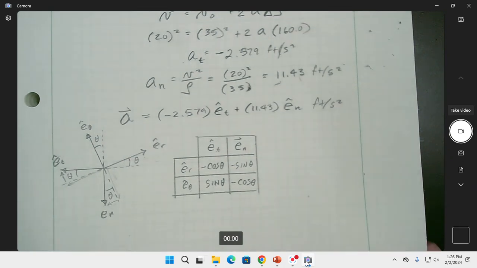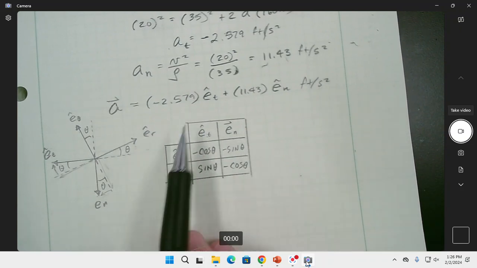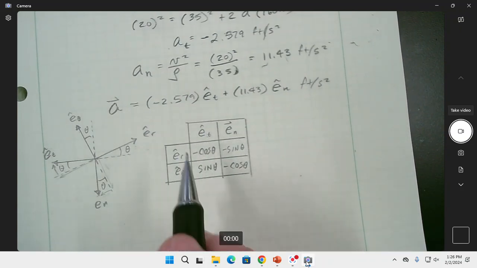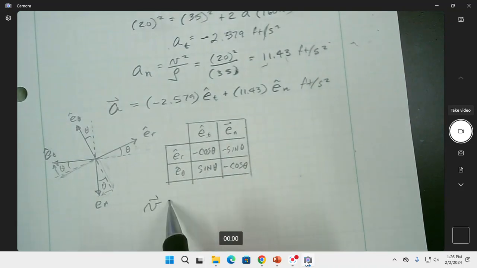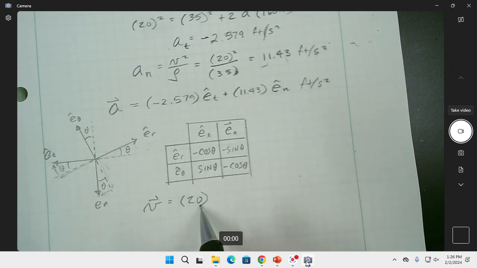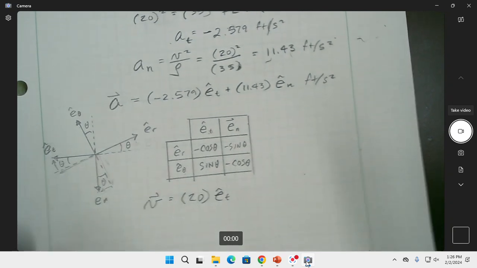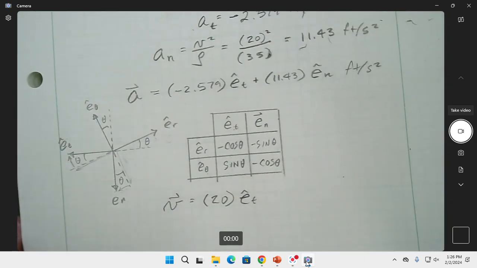All right. Next step, and I didn't write this down, but I'll write it down now, is that the velocity of this is going to be equal to 20, and let's call it ET. This is one of those duh kind of things, right?